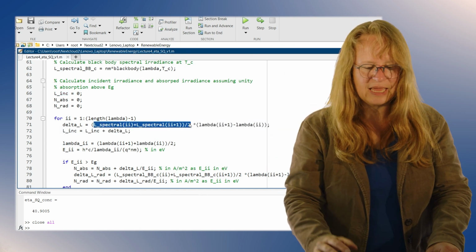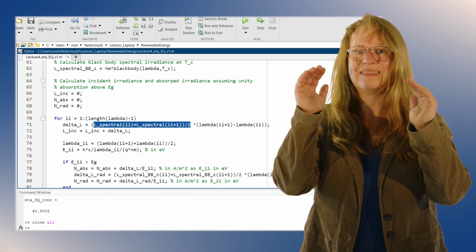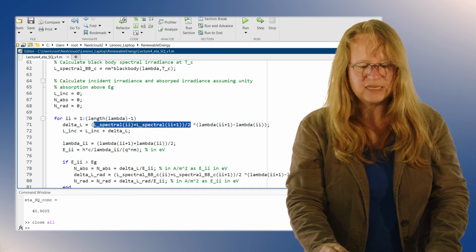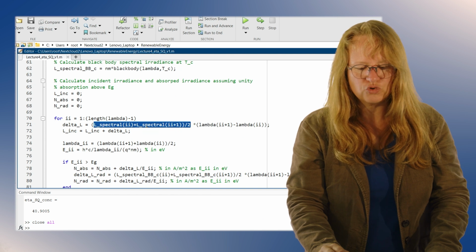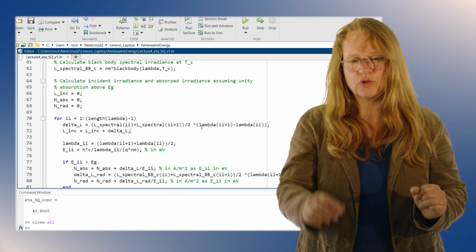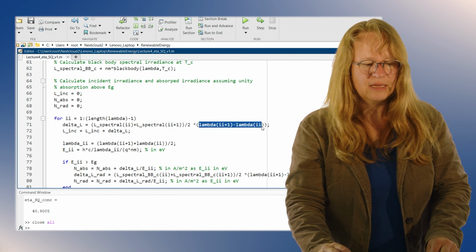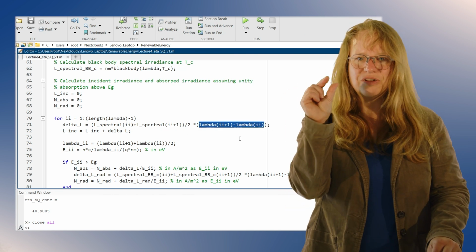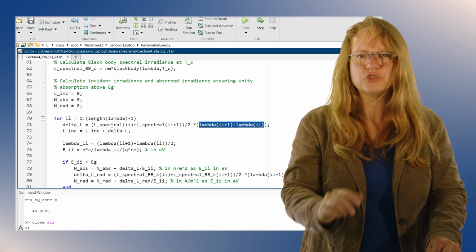So this means no, not the difference. I take the average, so I add the two values and divide it by 2. And then I take the difference of the two wavelengths, so the wavelength interval, in order to calculate the delta L for this wavelength interval in watt per meter squared.